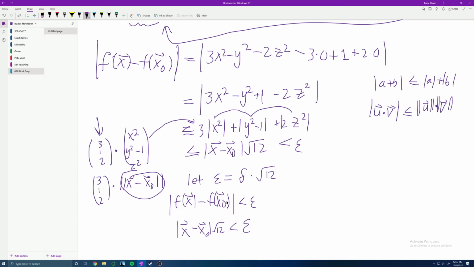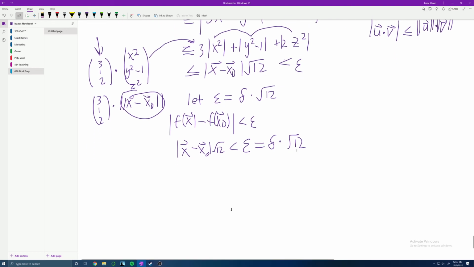And for epsilon equals delta times root 12, the root 12s will cancel there, and we can see that this difference here, this distance between x and x naught, is less than delta, which is what we were trying to prove there.